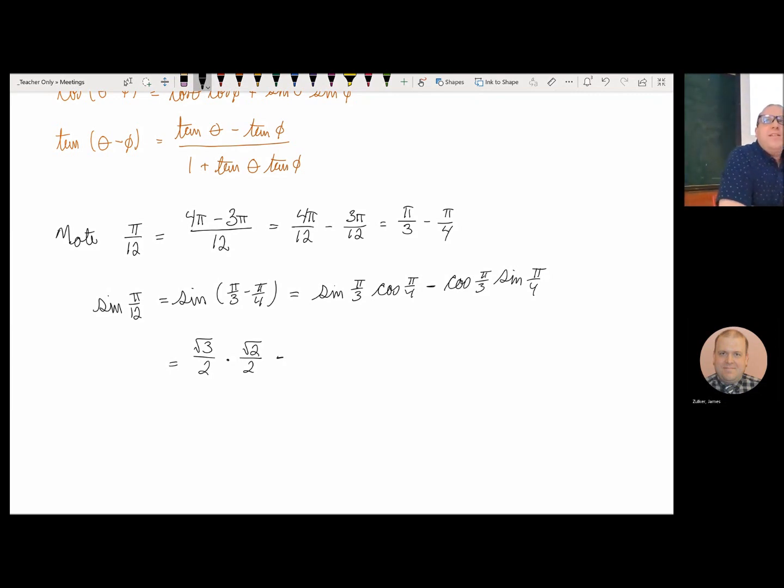Cosine of pi over 3. That should be one half. And then sine of pi over 4. That's root 2 over 2 again. Now simplify.